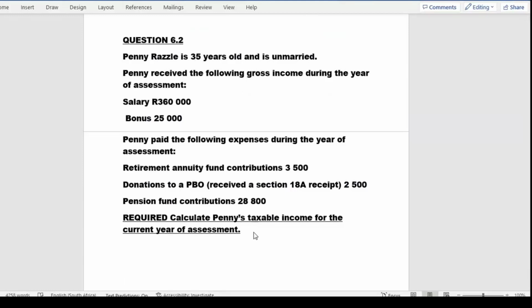All right, let's look at our final question, where we need to calculate the taxable income. You'll find this question in learning unit 6. I think it's one of the questions that we did this week when we had a class.